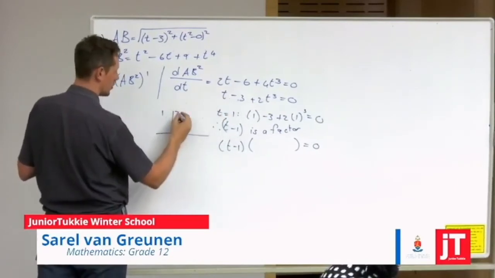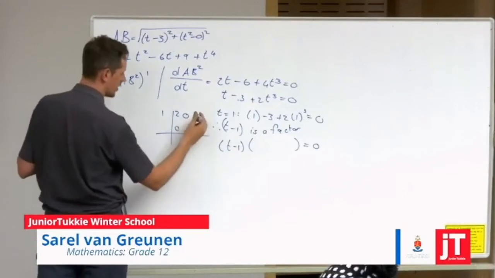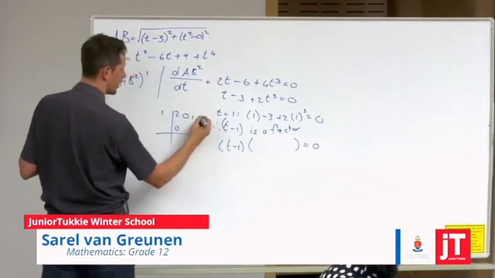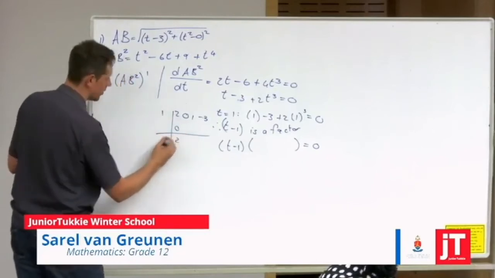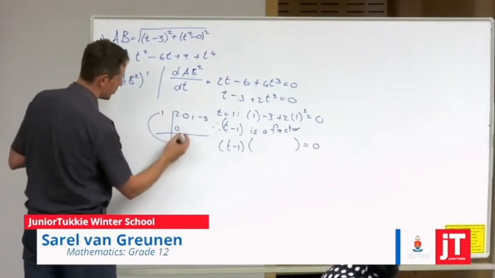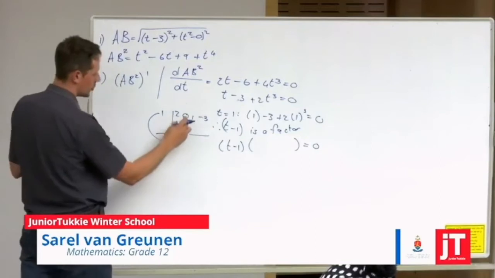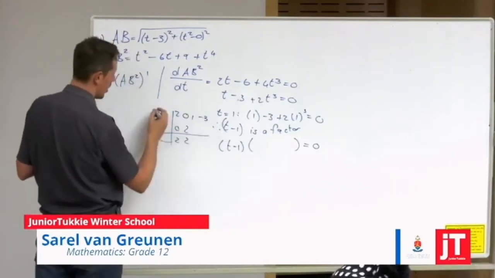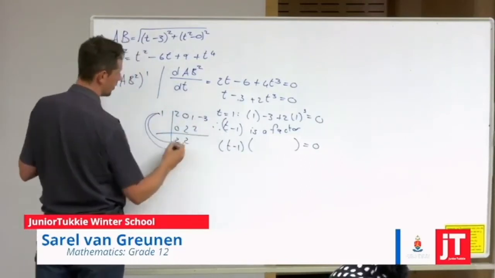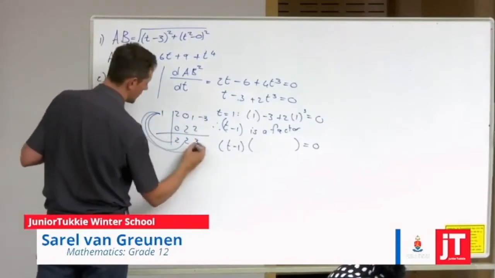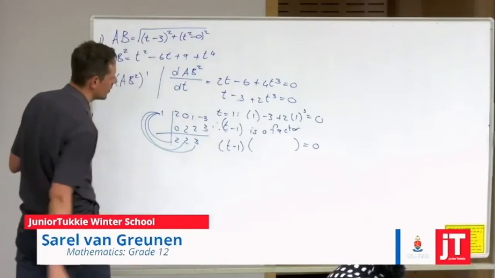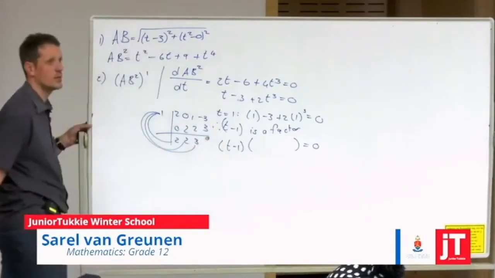So 2t cubed, 0t squared, 1 and negative 3. 2 plus 0 is 2. 1 times 2 is 2. 0 plus 2 is 2. 1 times 2 is 2. 1 plus 2 is 3. 1 times 3 is 3. That gives me 0. Yes?